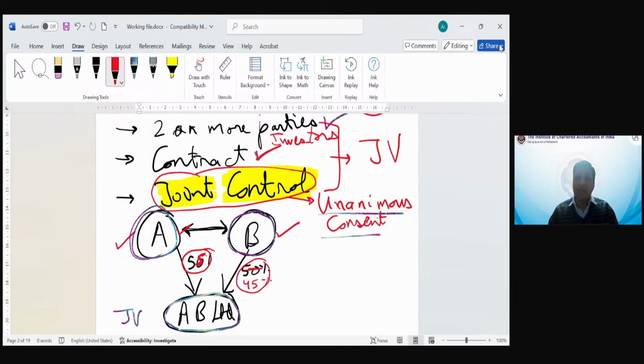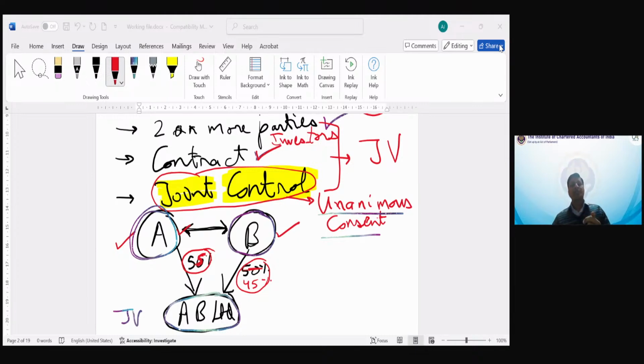Anil is saying, so everything has to be equal in agreement. See, not everything. Decision making is something over which they need to have equal rights. Because when you say everything, their profit sharing could be different. Their sharing towards assets could be different. Their sharing towards liabilities could be different. So that can always be different.